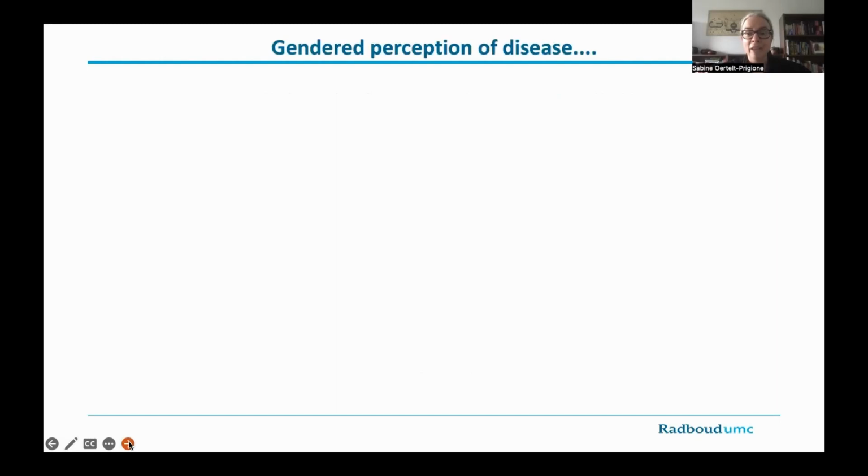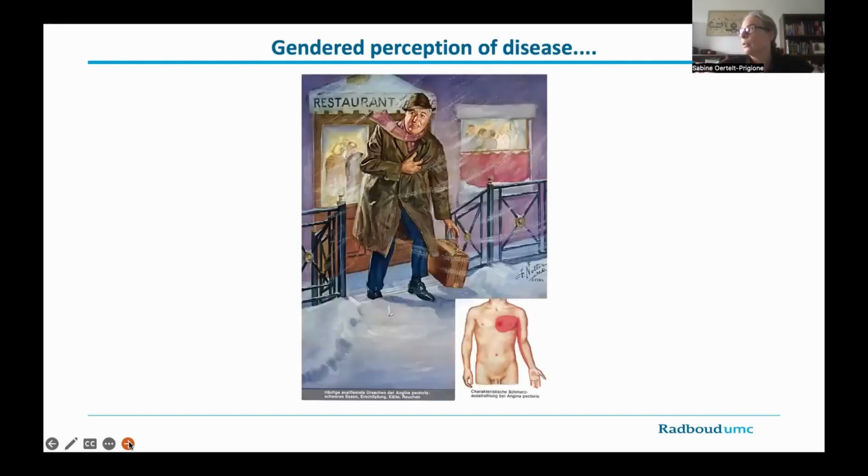Now, what is our perception of disease? All the diseases that we learn about in medical school, that we discuss with our doctors, are associated with certain images. When any doctor goes to medical school, we have to learn about the typical presentation of diseases, because when patients come to us, we need to be able to judge what kind of condition they could be having, and we need to start a diagnostic process.